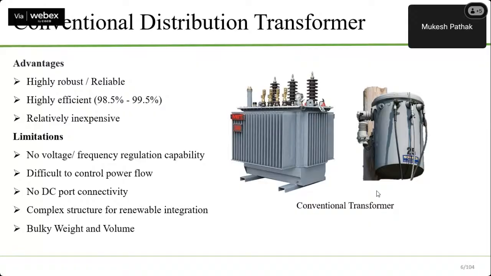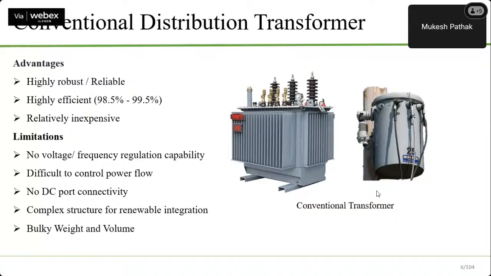But the limitation of this conventional transformer is that it has no voltage and no frequency regulation capability. Voltage regulation, as I told, is very poor. Power flow you cannot direct in one direction because it flows from the source to the load side only, unless you have some active load.